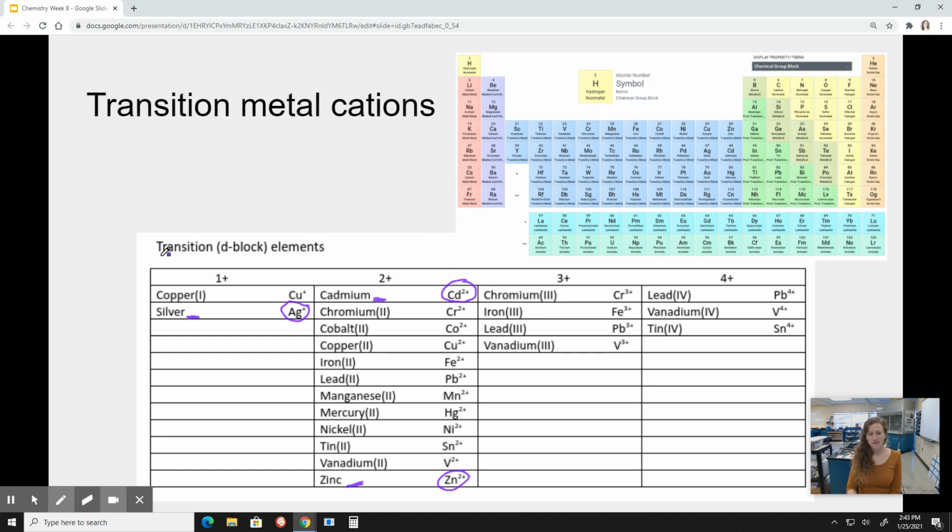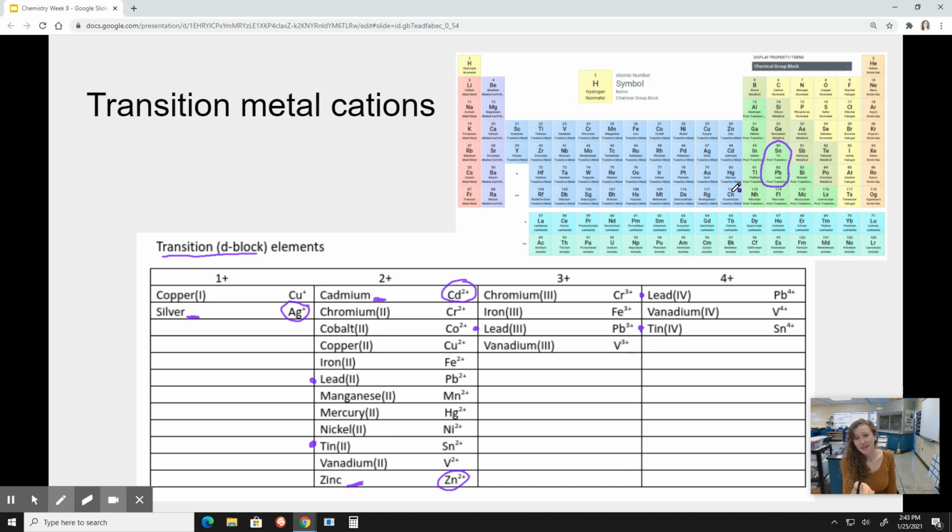Also, notice this is our transition or D block elements, but it does include tin and lead. Notice that tin has a couple charges, so does lead, right? And tin and lead are over here in the P block. So because they form more than 1 charge, they get treated like transition elements, even though the atom is technically located in that P block.